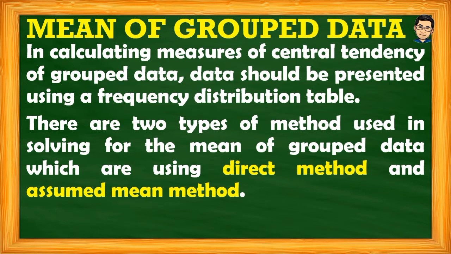Kahit alin man dyan sa method na yan ang gamitin natin, parehong sagot din po ang ipoprovide. Ipapakita natin yan using one example and then using the two formulas, para makita nyo na kahit anumang formula ang gamitin natin, parehong sagot lang ang ibibigay.